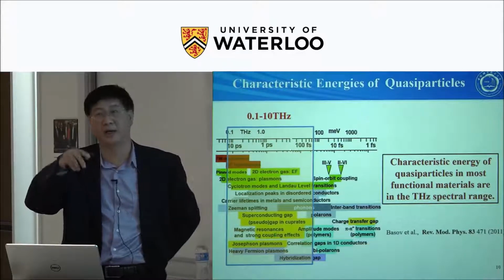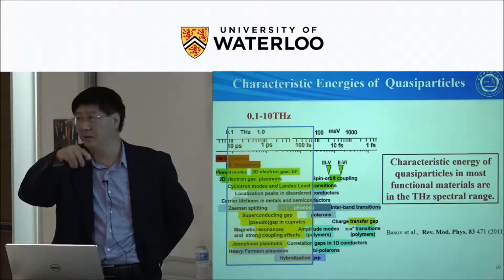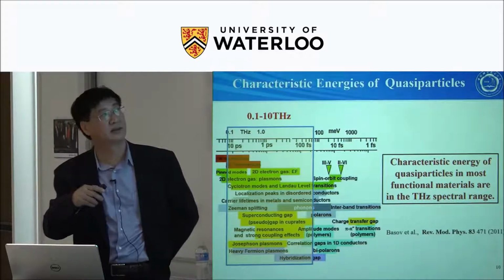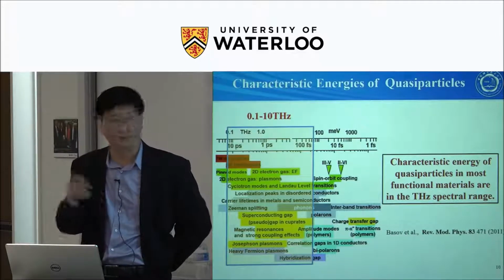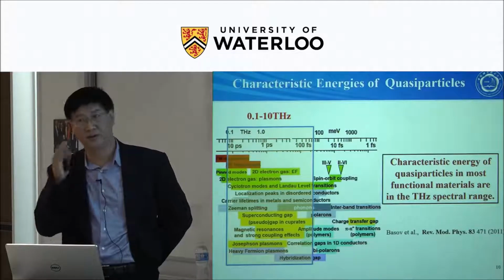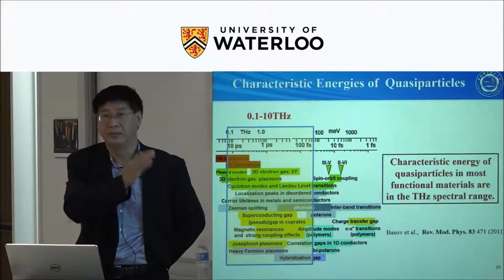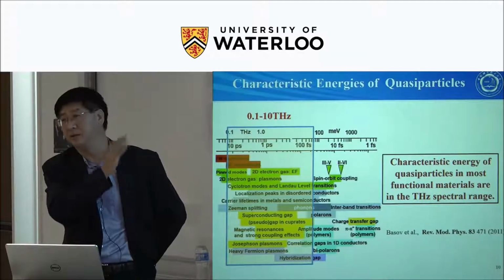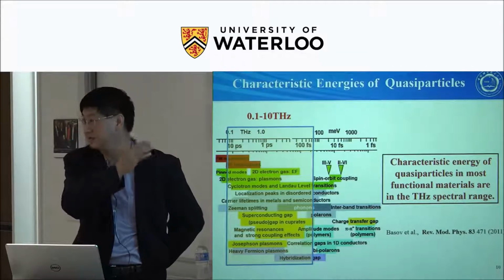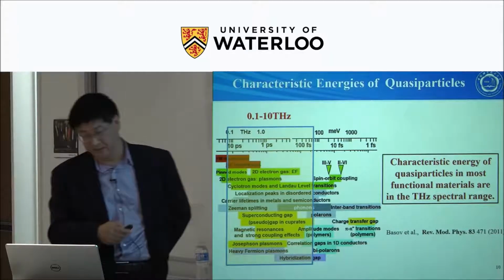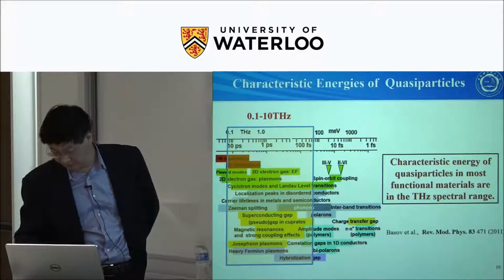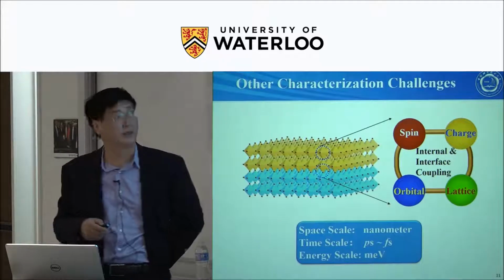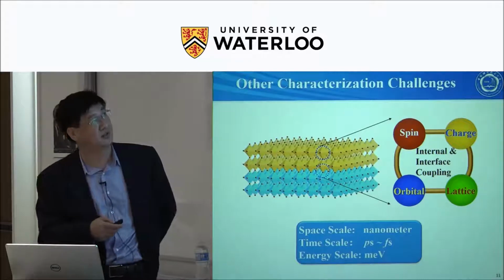All those different quasiparticles have energy that lies in the 0.1 to 10 terahertz energy area. So if we want to see those quasiparticles related to the material property, then we have to work in this frequency range. And we also have some other characterization challenges.